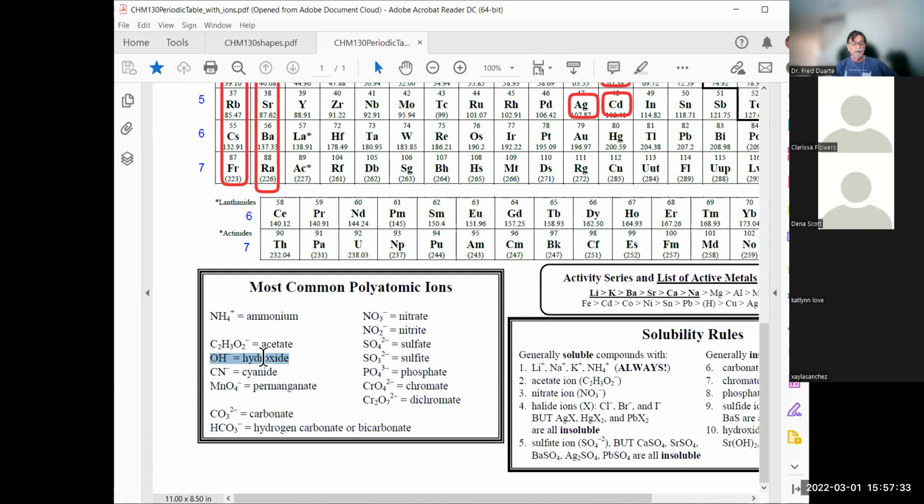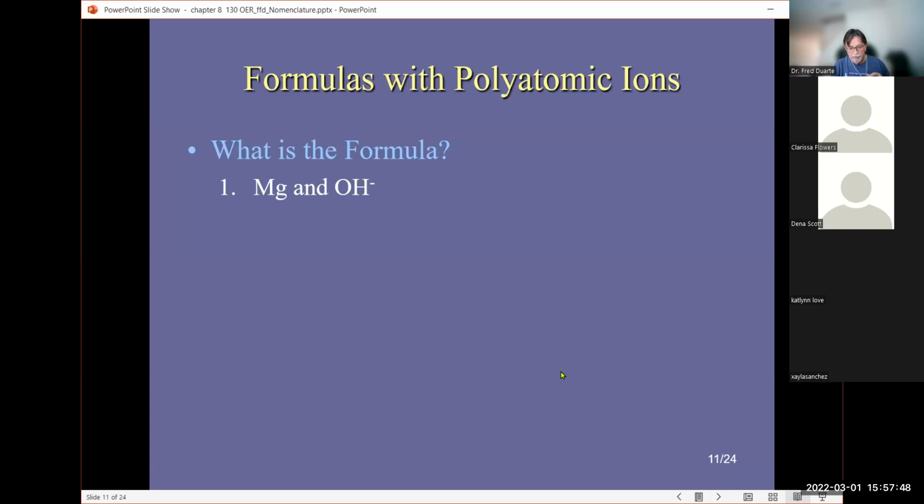There's the formula, and there's its name, hydroxide. Okay, hydroxide is used quite a bit in a number of things. If you have acid reflux problems, you're drinking a lot of hydroxide.